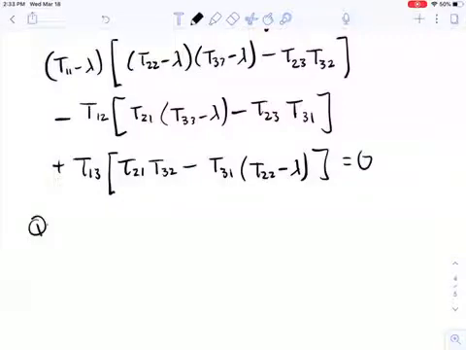So here's the question. Let's suppose that we actually solved the cubic.